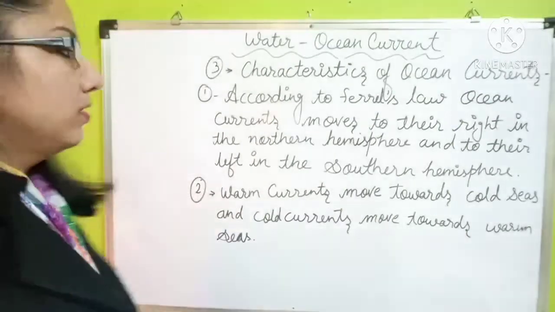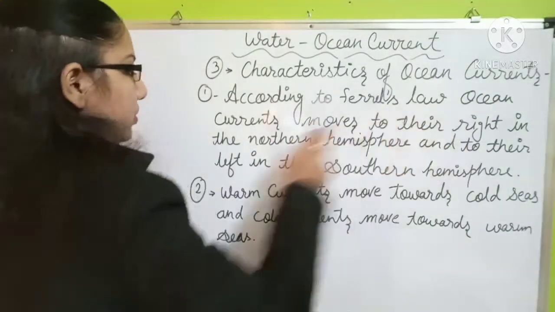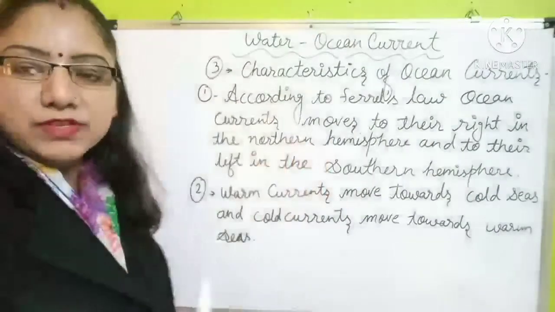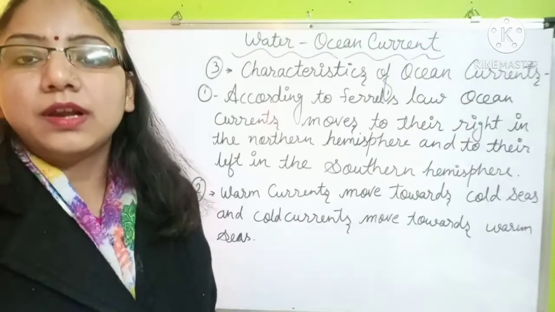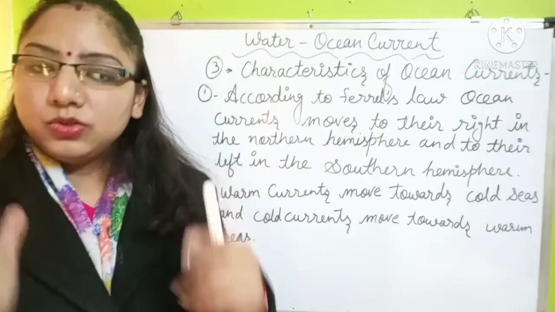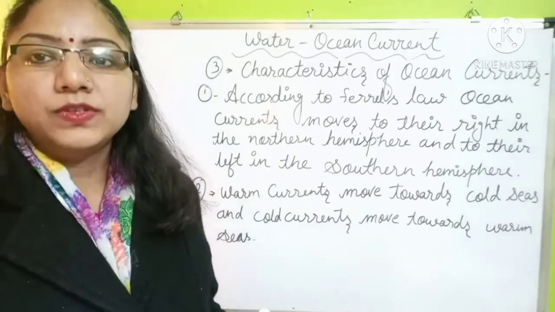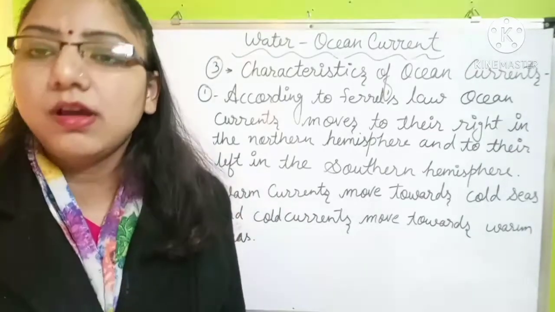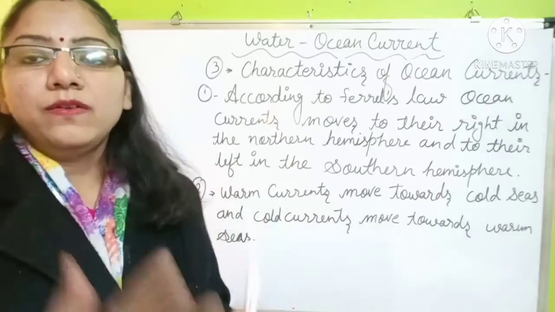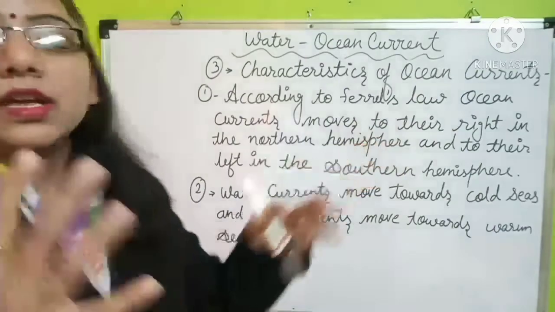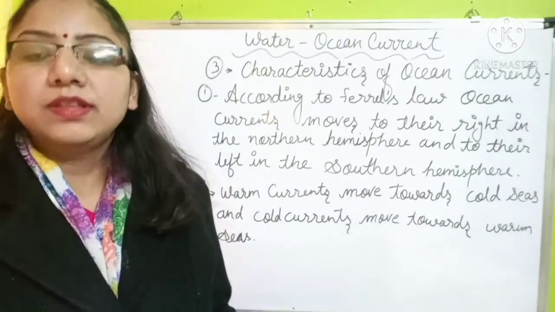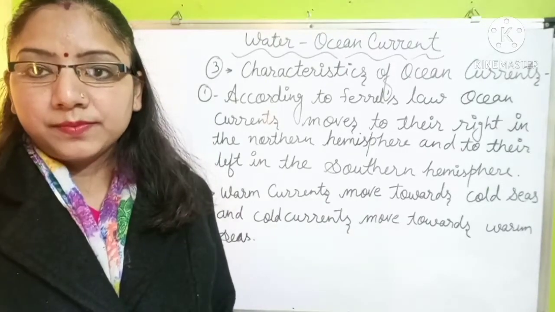According to Ferrel's law, ocean currents move to their right in the northern hemisphere and move to their left in the southern hemisphere. Means due to the movement of the earth, which also depends on Ferrel's law, the ocean currents always move towards their right in the northern hemisphere and towards their left in the southern hemisphere.